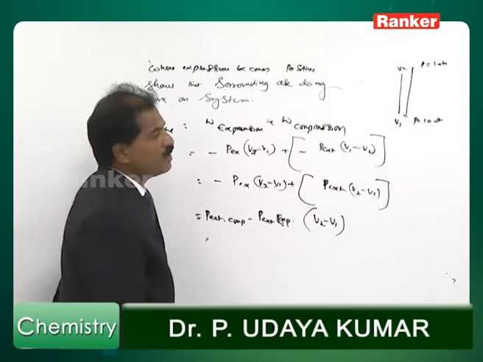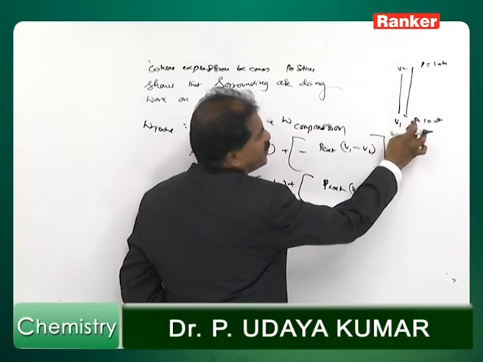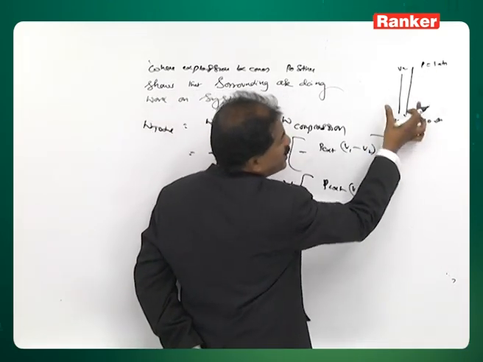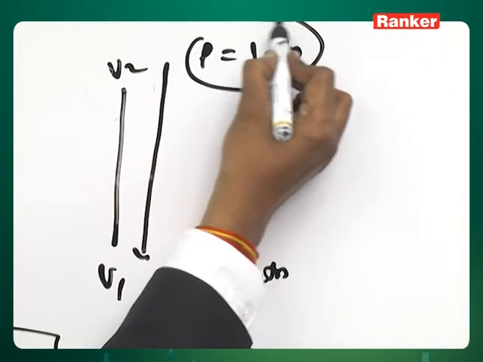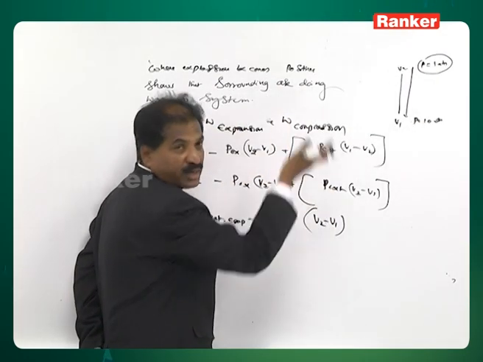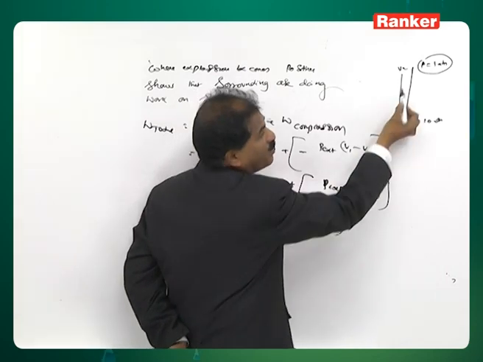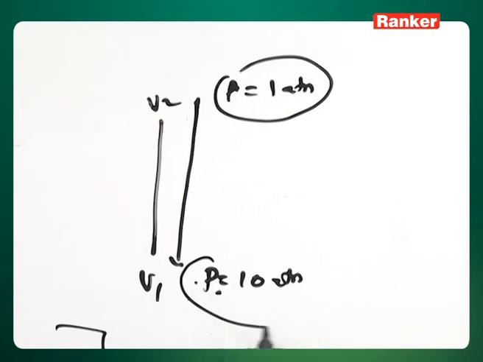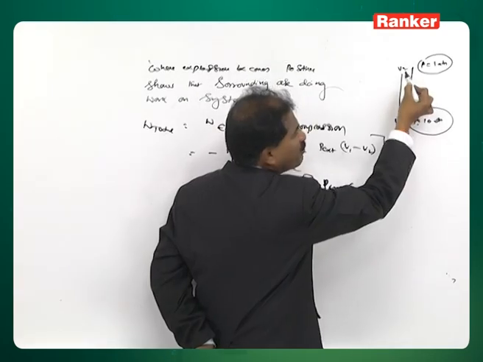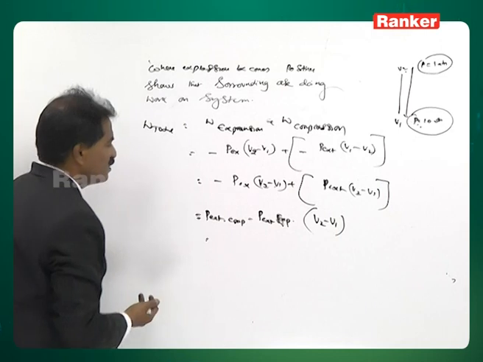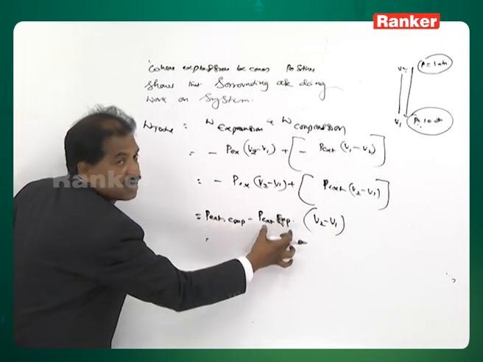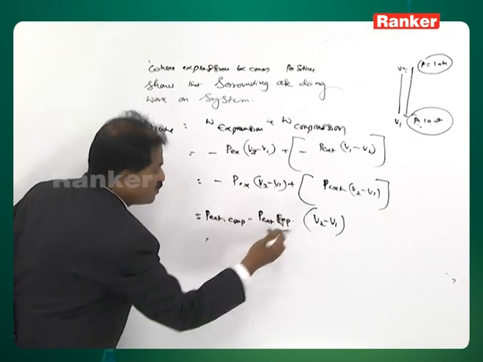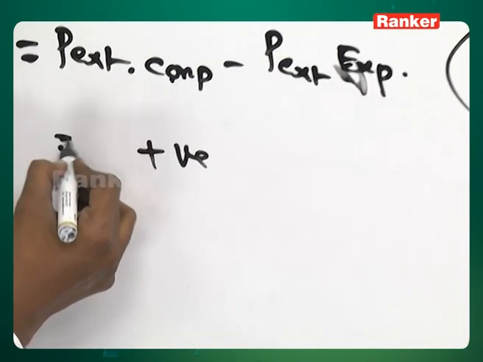That means in the irreversible expansion, the gas is expanding against this 1 atmosphere, so the external pressure during expansion is less. During compression, the gas has to be compressed against the higher pressure, so the external pressure during compression is more. Therefore, more minus less is positive. This is also positive. So finally, we got a positive result.